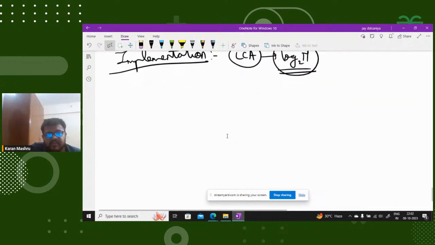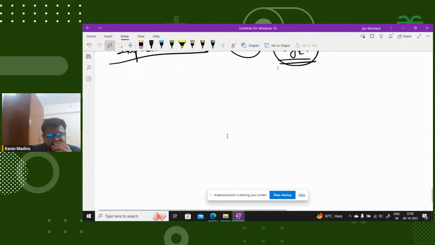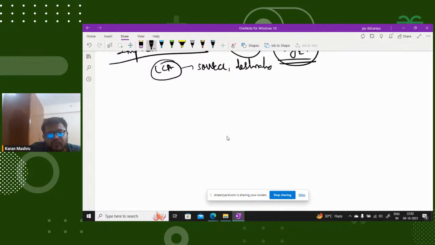Now, understand one thing. I want to find the least common ancestor for every pair of source and destination in an efficient time. First of all, I will only calculate the ancestors which are at a level 2 to the power x type.